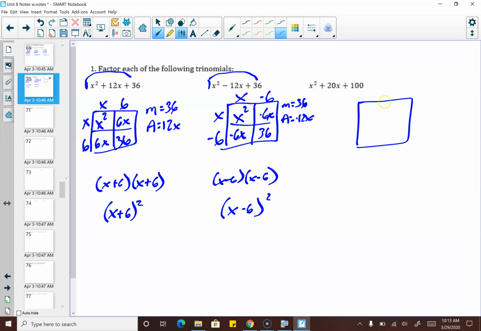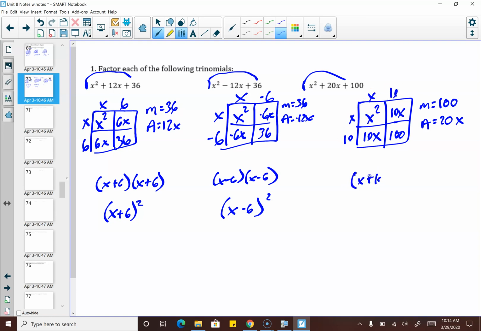And our last one, x² top left, 100 bottom right. Multiply, so it multiplies to 100 and adds to 20. That would be 10 and 10. So as we fill out our boxes and get our parentheses, we have x + 10 and x + 10, or (x + 10)².